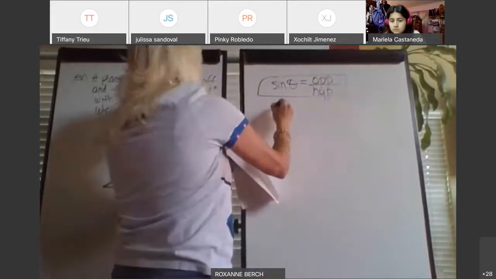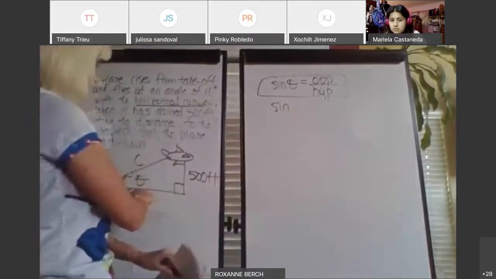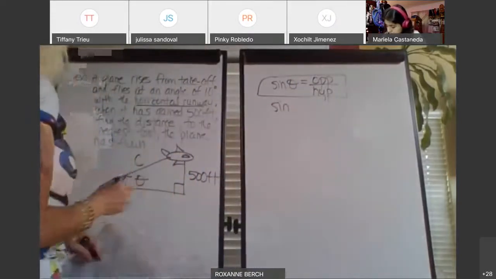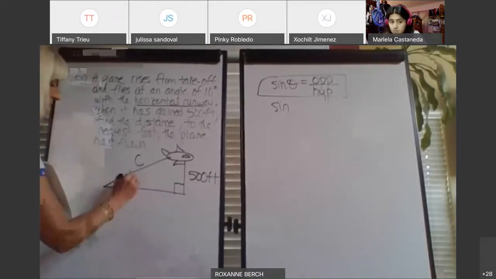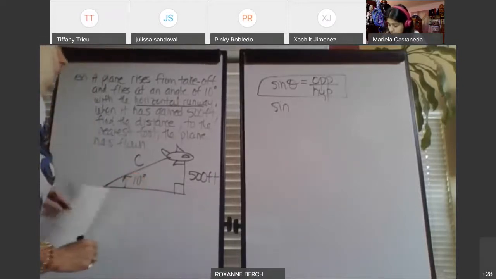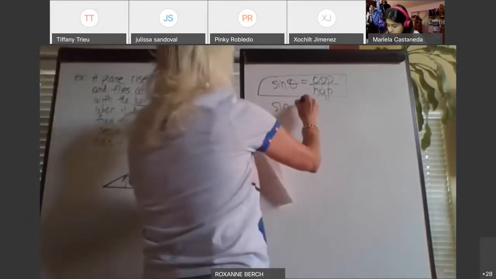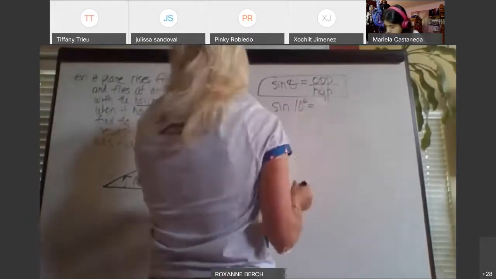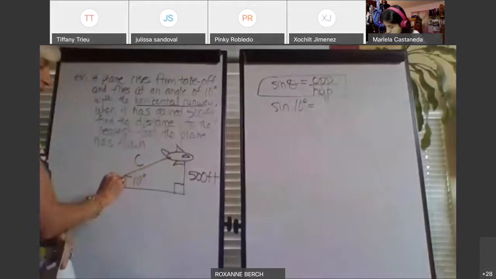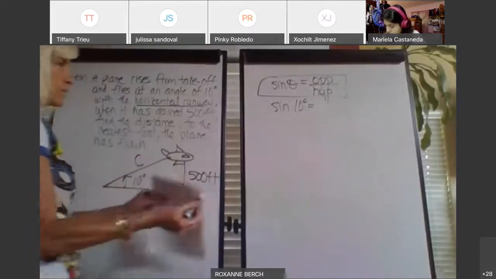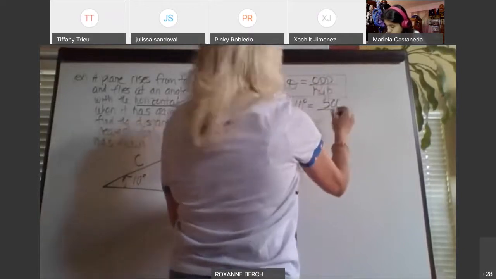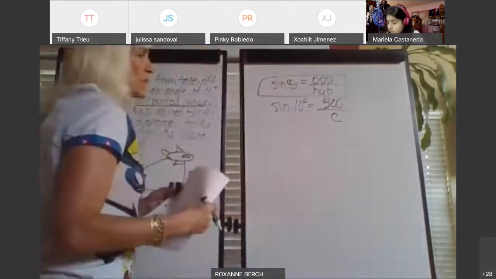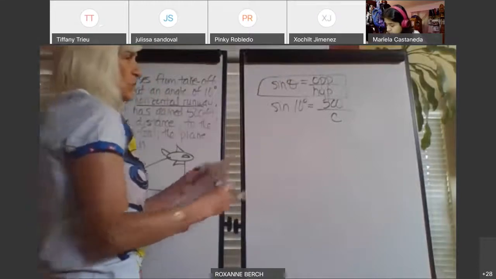So we have the sine. Uh-oh, what's going on? Oh, this should be 10 degrees, right? So we have the sine of 10 degrees is equal to, put your finger on the angle, opposite and hypotenuse, would be 500, and I'm calling the hypotenuse C. I'll show the work this time.